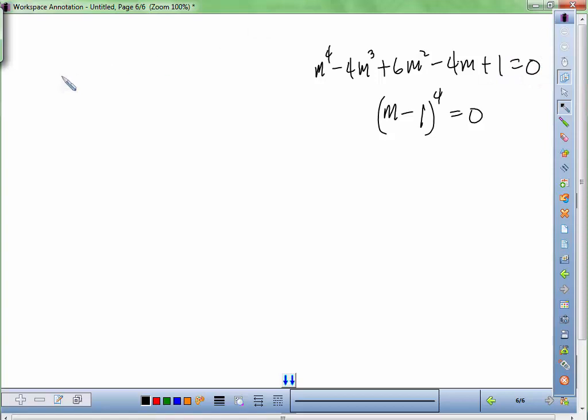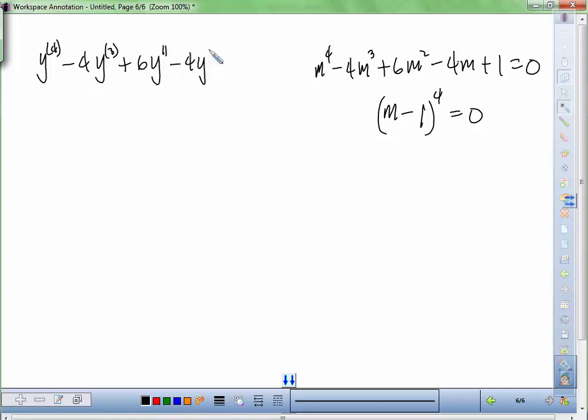So your corresponding differential equation would be the fourth derivative minus 4 times y third derivative plus 6y double prime minus 4y prime plus y equals 0. There, we just came up with an example.